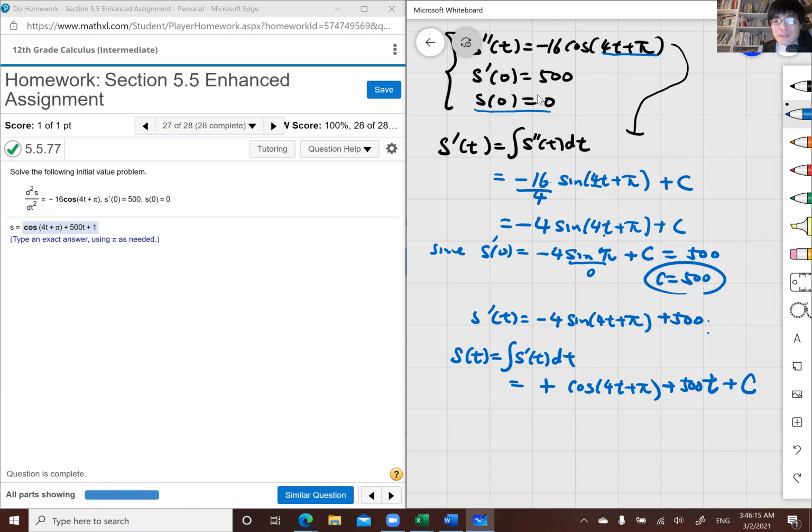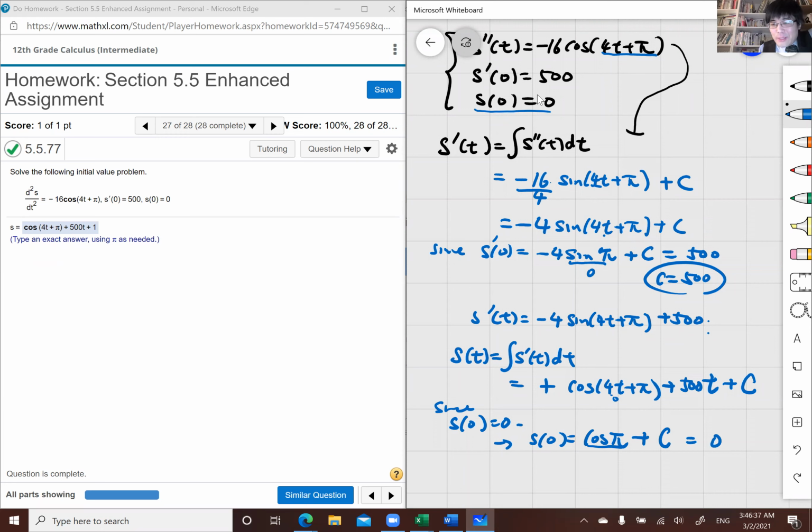Now because s(0) is 0, you plug in 0 here, it's going to be cos(π), 500 times 0 is 0, and plus c, and that is equal to 0.